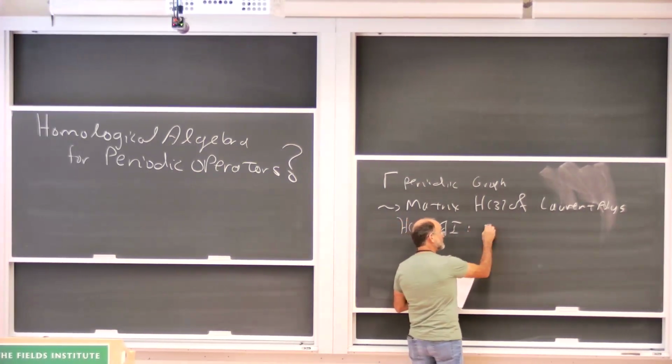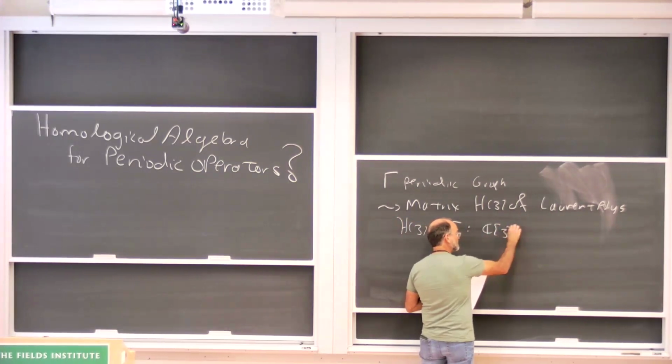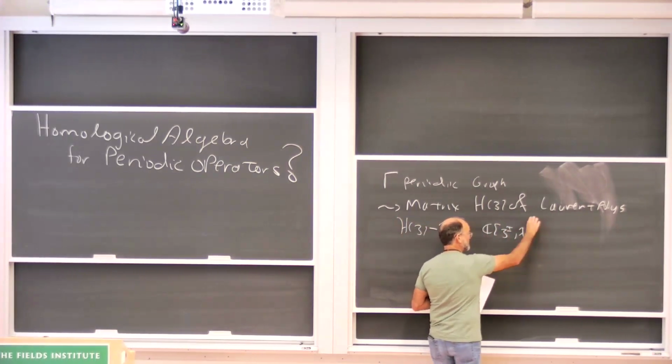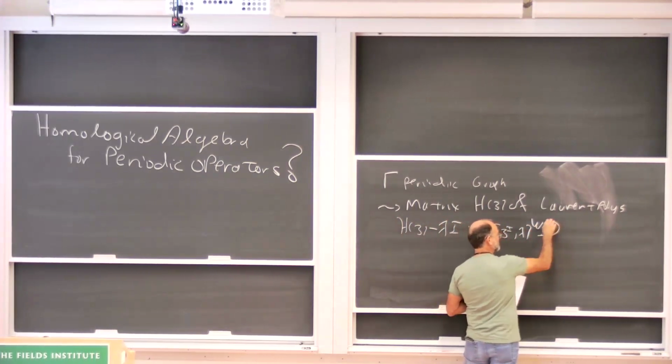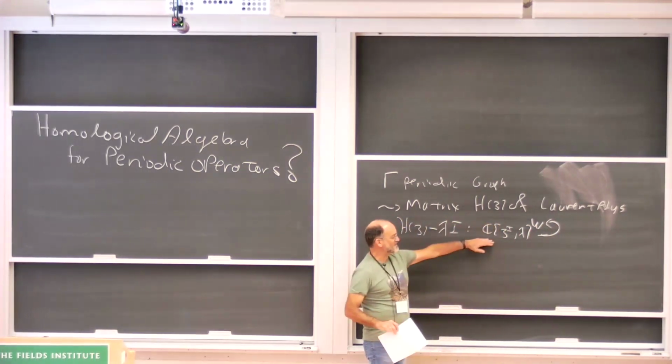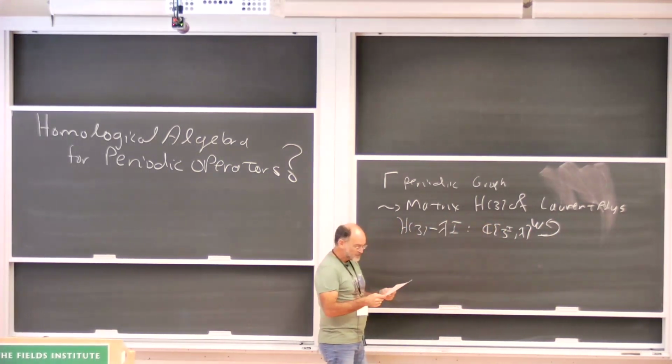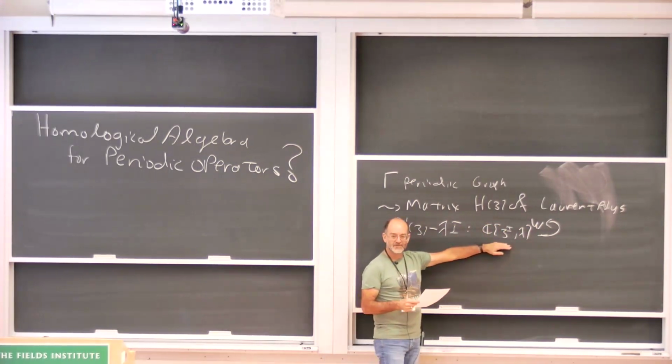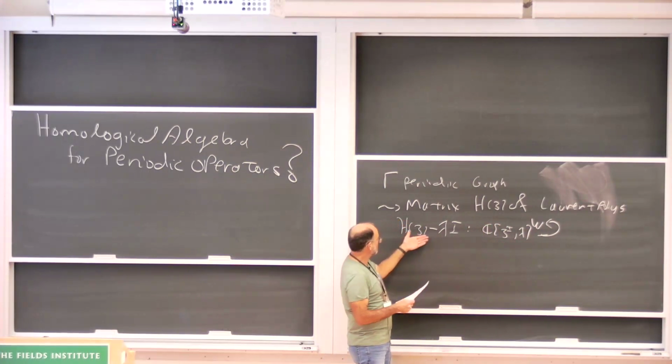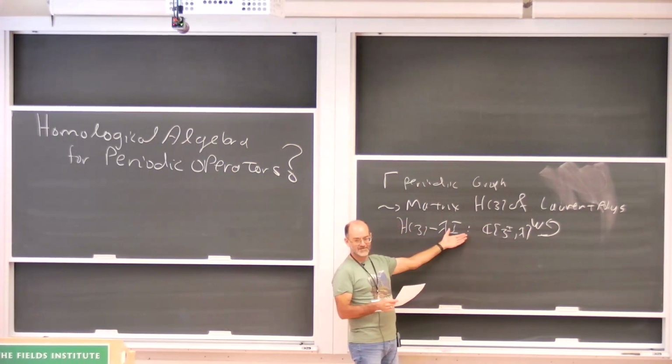It's a map of free modules. It's actually an endomorphism of this free module, and the kernel sheaf of this map is, well, these are functions where H of z applied to the function is lambda times that function. They satisfy an eigenvalue problem.